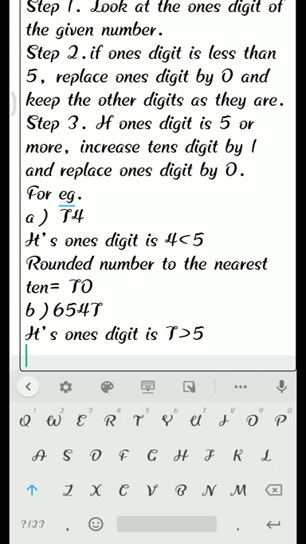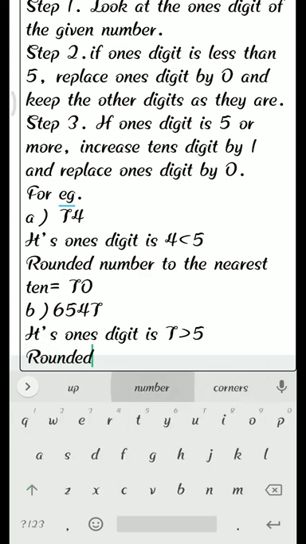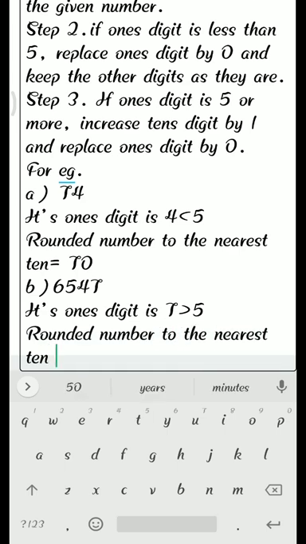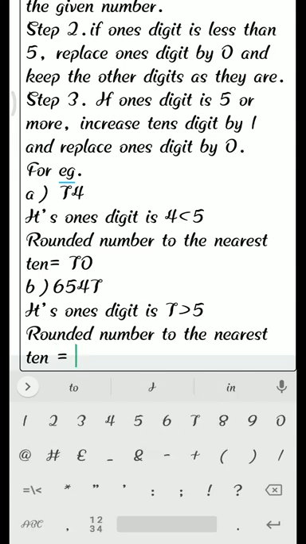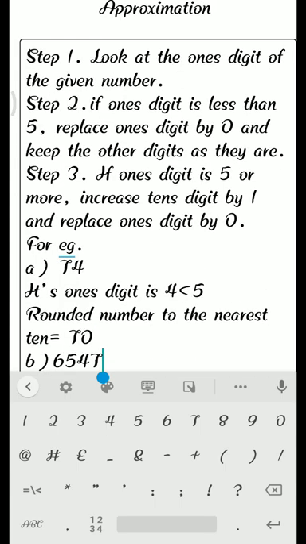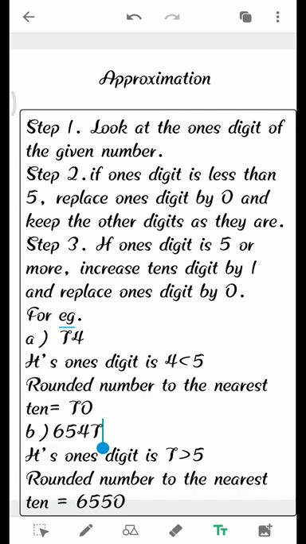So the rounded number to the nearest 10: the rest, 6 and 5, will be as it is. Only add 1 in the 10th place, so that 4 becomes 5 and the last number becomes 0. Any doubt?